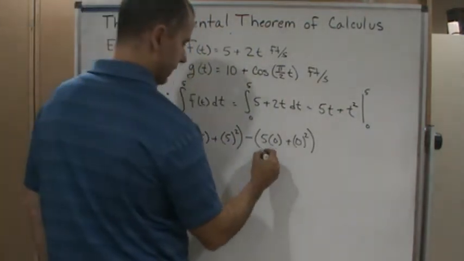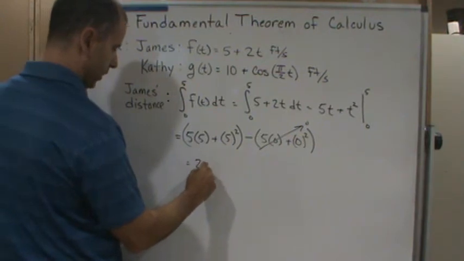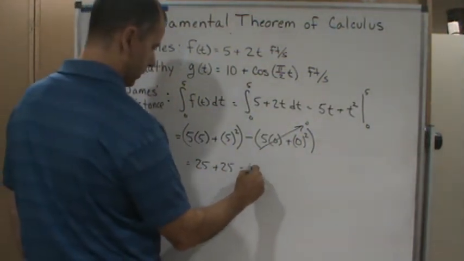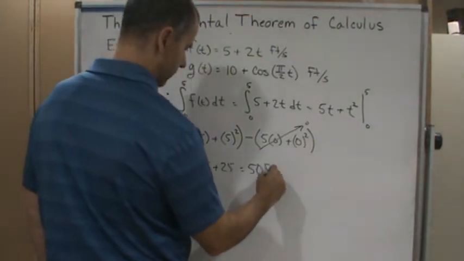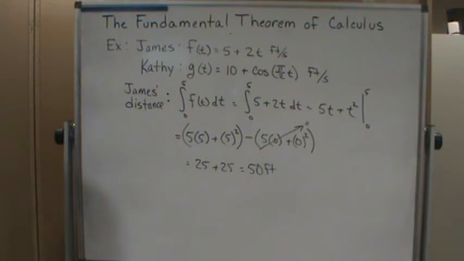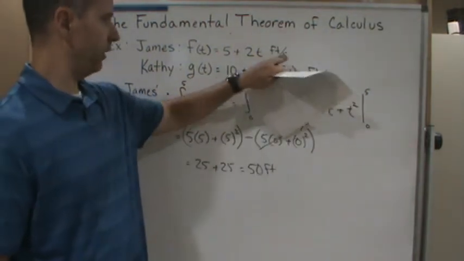Well, obviously, this is just going to be 0. So this is just going to be 25 plus 25, which equals 50 feet. So that's how far James traveled in the first 5 seconds, 50 feet. And again, we're dealing with an application problem, so make sure you have units.